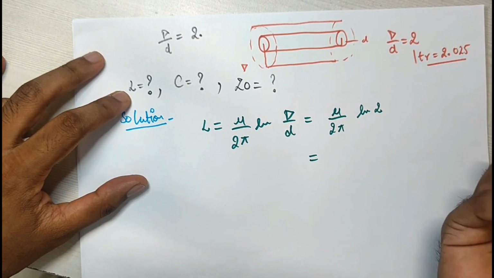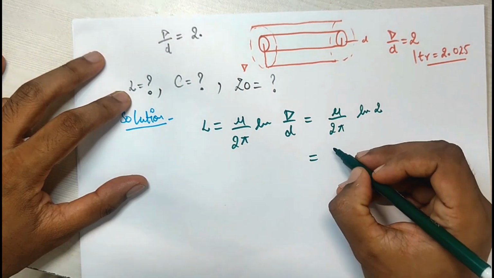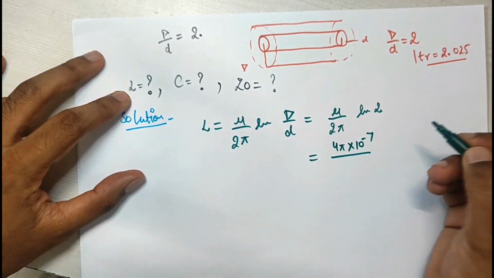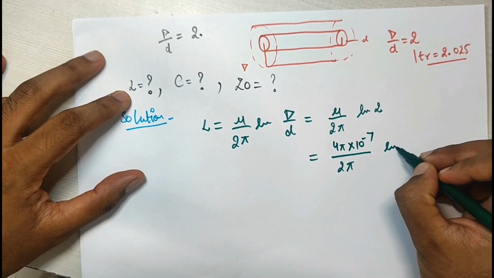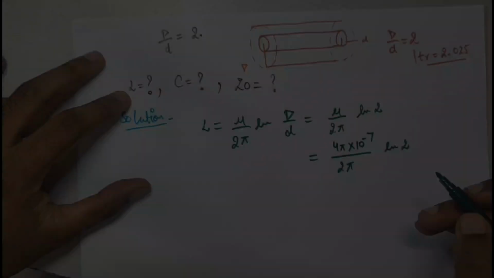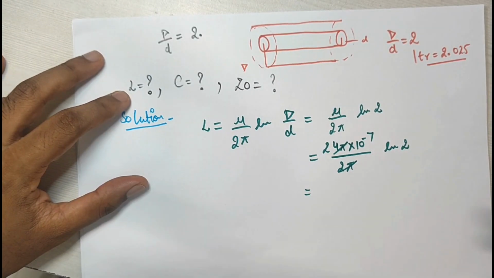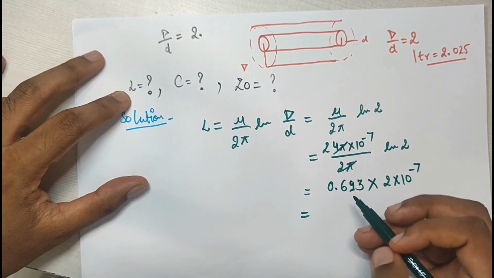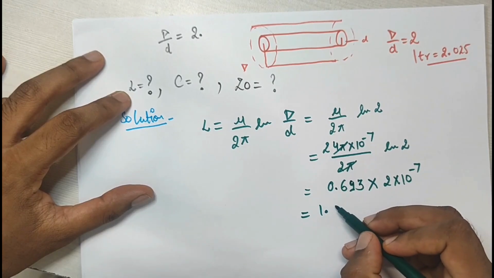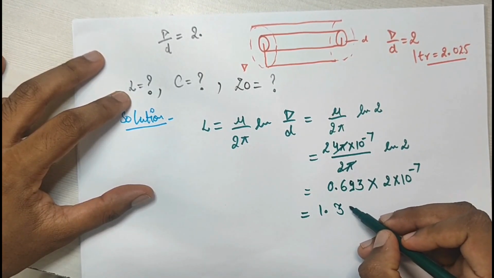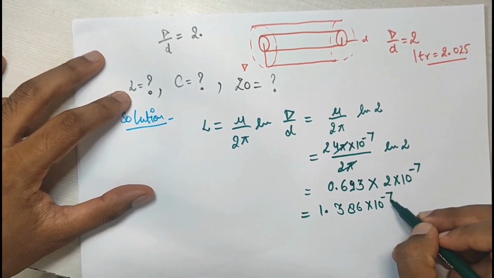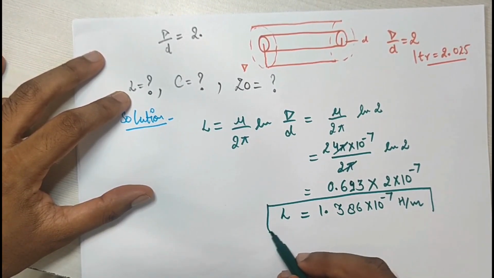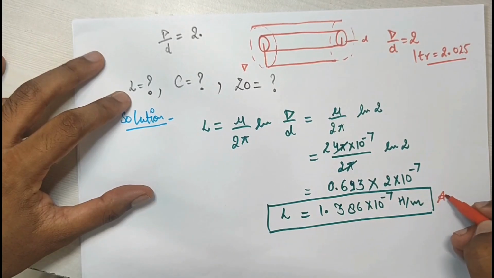Since it is lossless coaxial, this will be 4 pi into 10 to the power minus 7 upon 2 pi ln 2, which is 1.386 into 10 to the power minus 7 Henry per meter. We got the first answer.